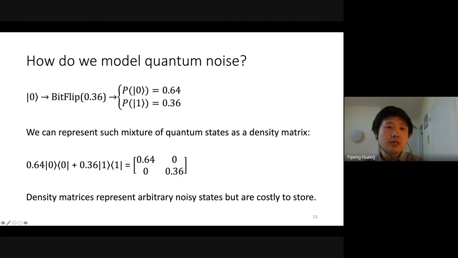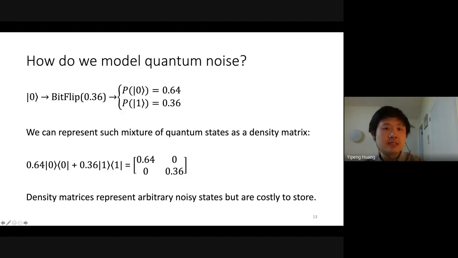But more generally, there's another way in the literature that we represent these quantum states, called a density matrix. A density matrix is able to represent these types of mixtures in a single matrix. The way you compute a density matrix is you take each component of the mixture and do a weighted sum of the components, where you take an outer product, a ket-bra product, and you sum them up.